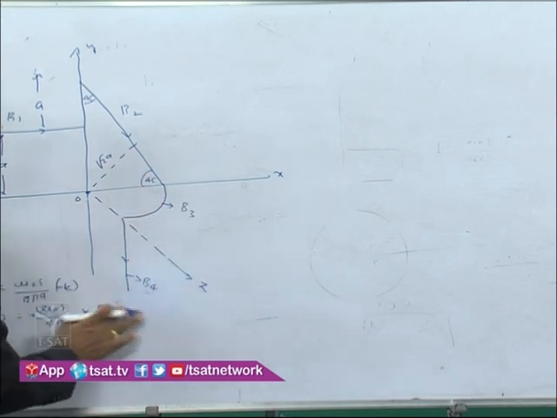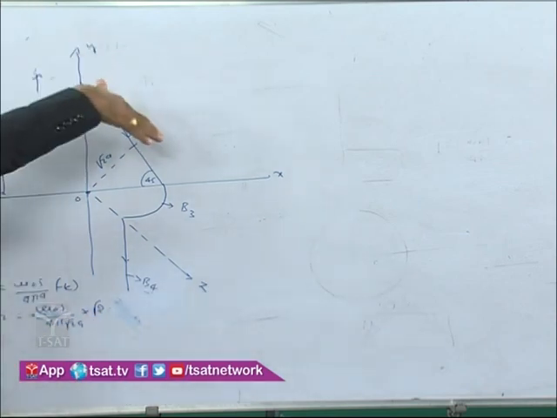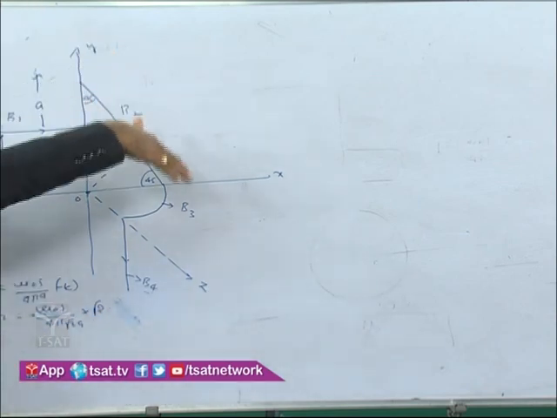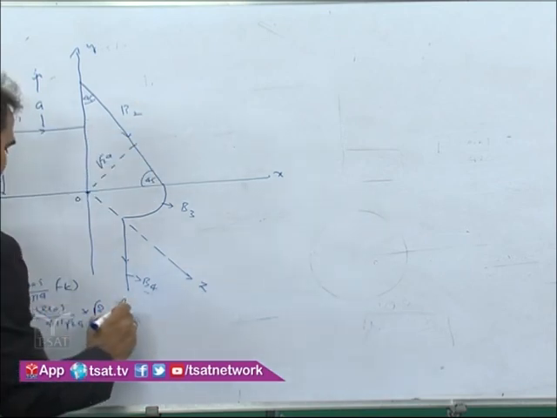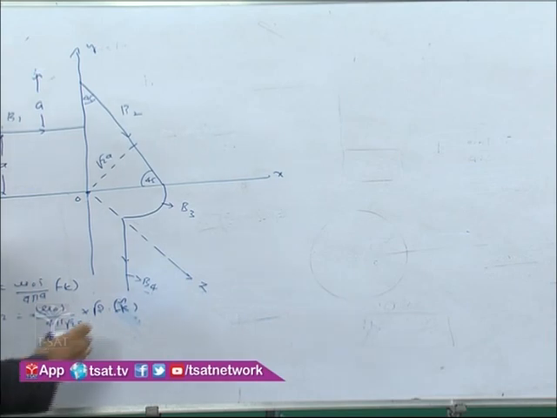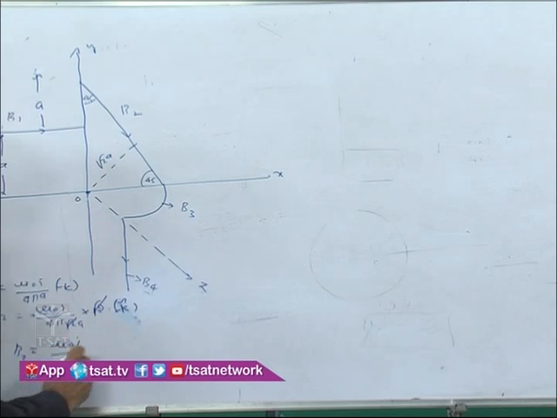The root 2 also gets cancelled. Current is flowing along this direction, and dl cross r gives the direction of the magnetic field, which acts along minus k. So B2 is equal to mu naught I upon 4 pi A into minus k cap.